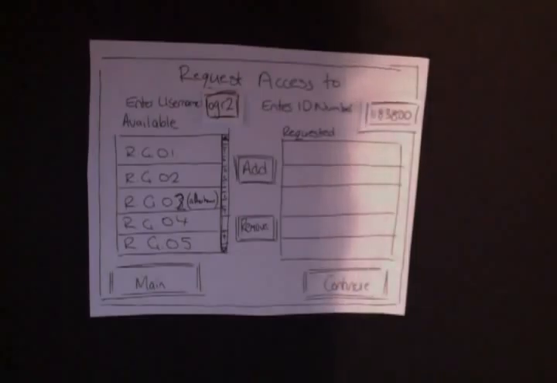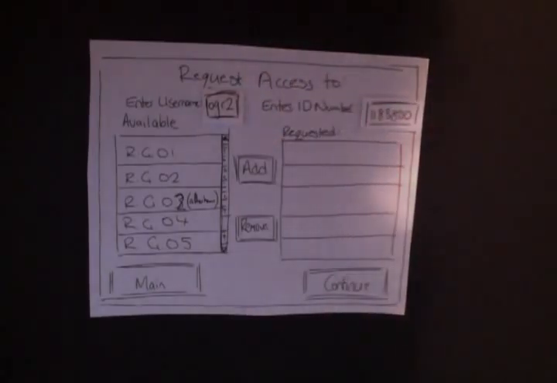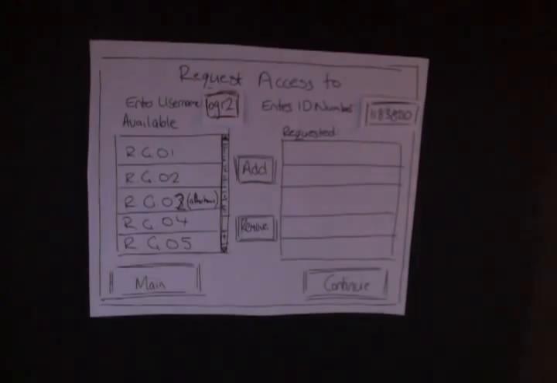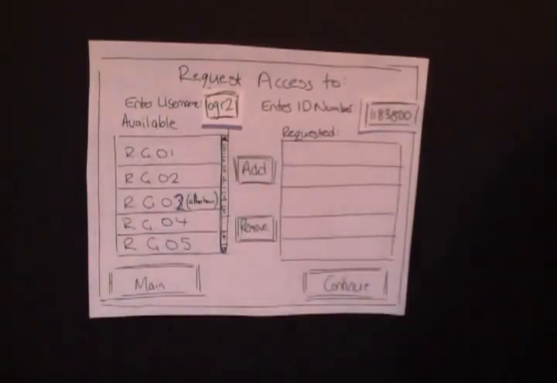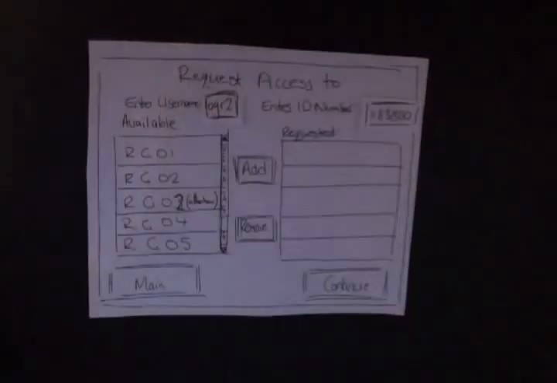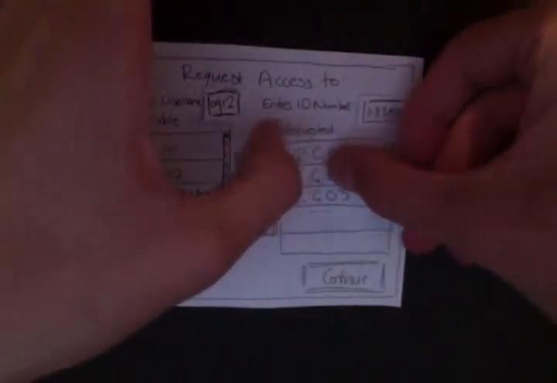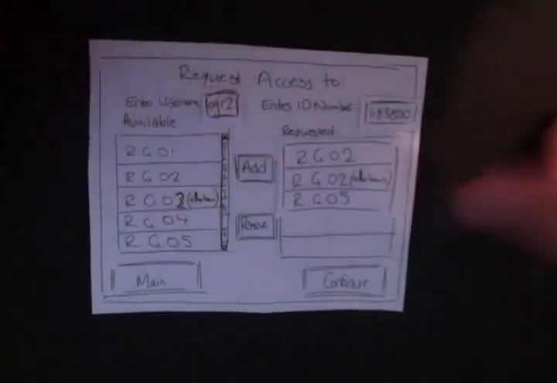So you've just got RGO1, RGO2 for example, and then RGO2 with after hours beside it. He can either add or remove, so Tim is choosing 3 classes, I believe, yes, and 1 class for after hours. So he's going to choose RGO2, RGO2 after hours, and RGO5.